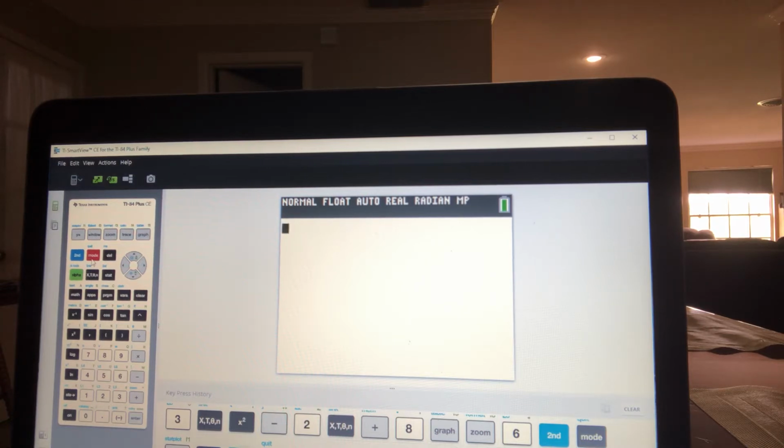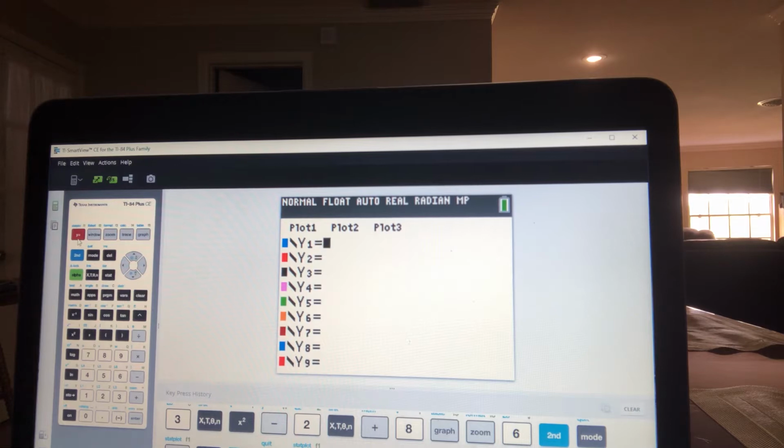Okay, so what you will do is graph the function that you're trying to find the integral for. So you're going to press y equals, that's in the upper left-hand corner, and you're going to put in whatever function is given to you. So look at number 1 on your paper.